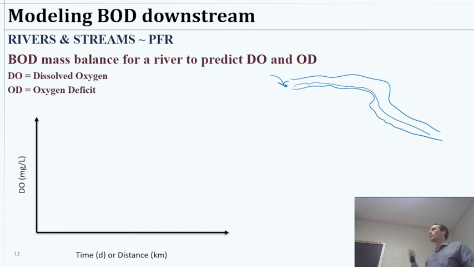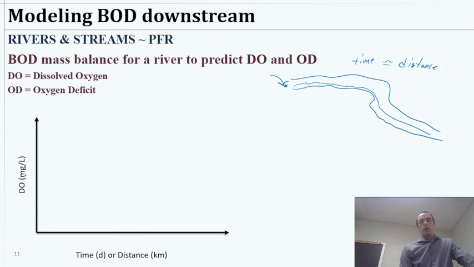So we're specifically going to look at streams and rivers here. Lakes would be similar, but the math's going to be a little different. And so really what we're looking at is downstream here. So we can consider time is effectively distance downstream, so long as we know the velocity that the current is flowing at.